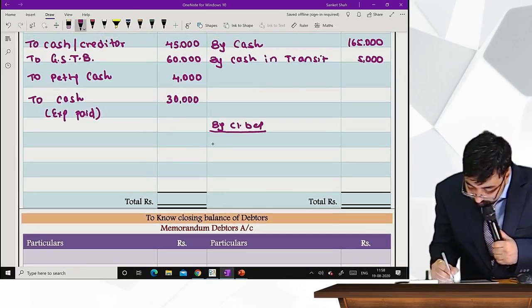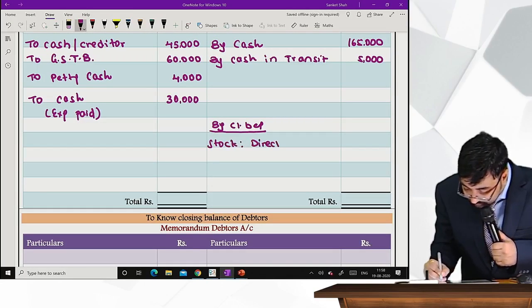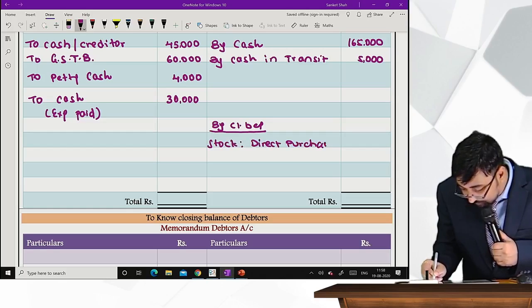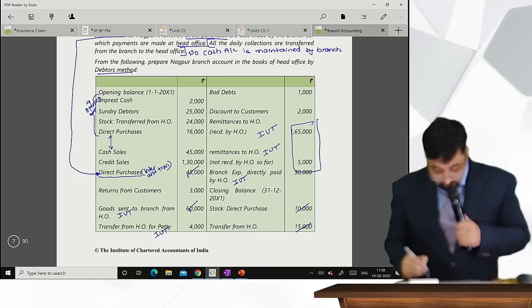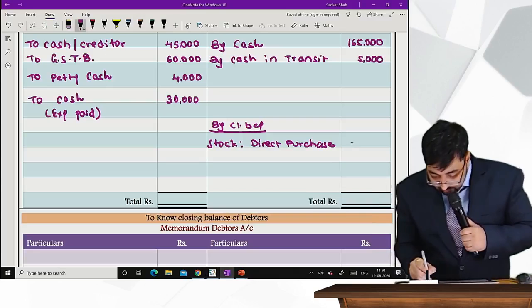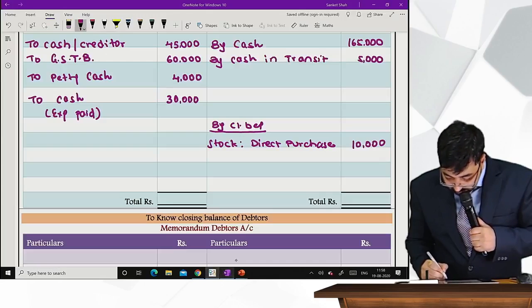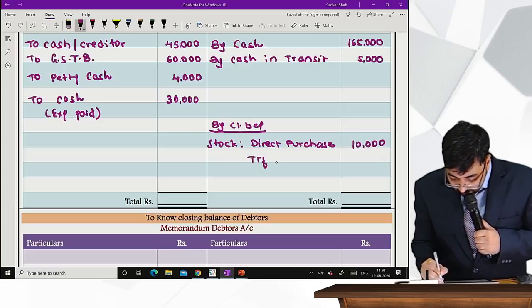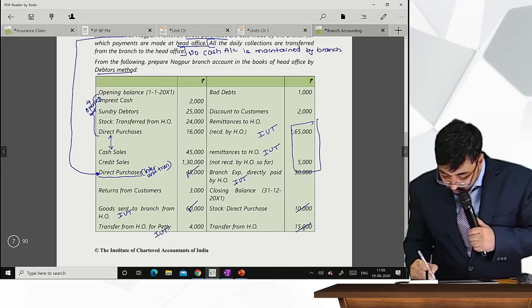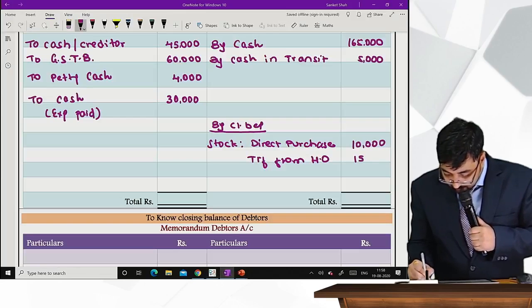Number one, stock. There are two types of stock. Number one, direct purchase. Now I will maintain this sequence. And one is transfer from HO. Transfer from HO is 15,000.